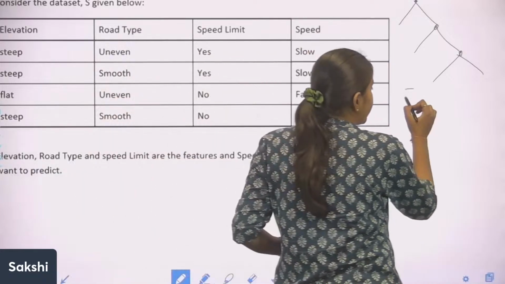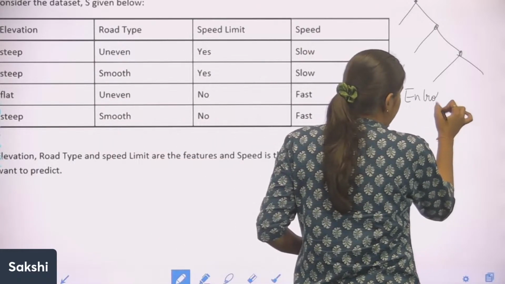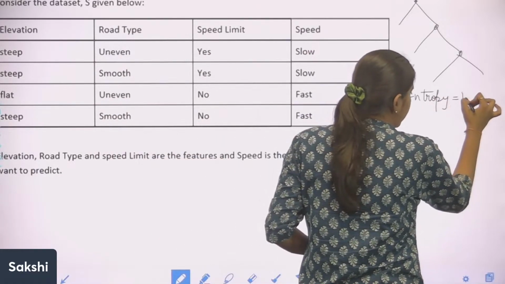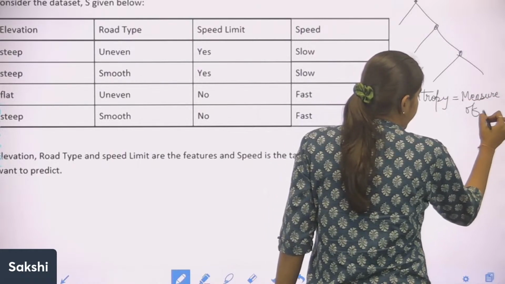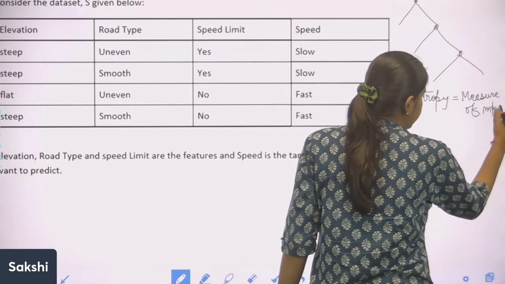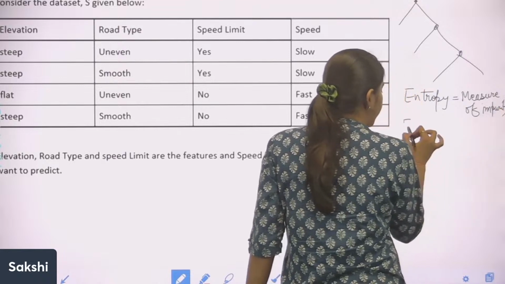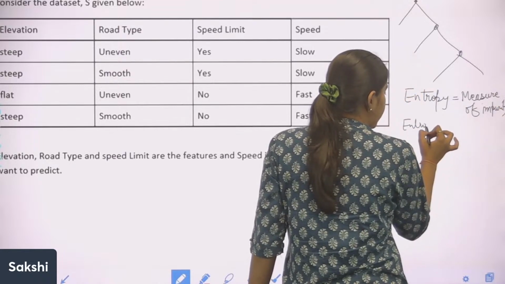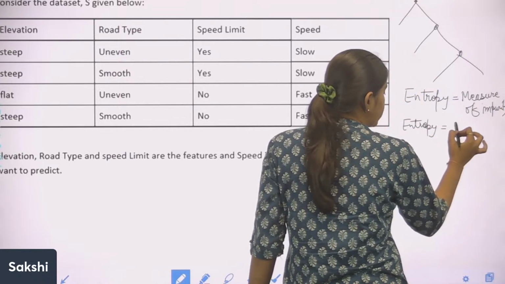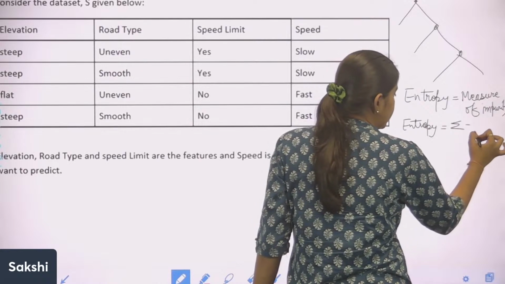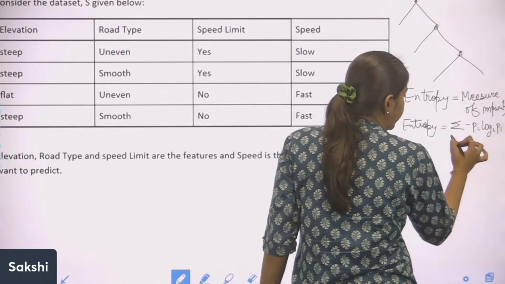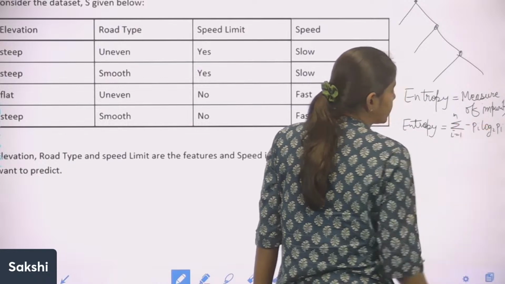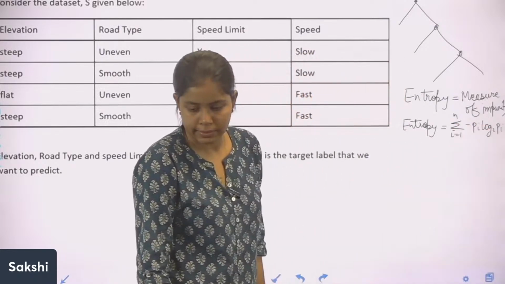So entropy tells you the measure of impurity. And the formula of entropy is equal to minus sum of pi log to the base 2 pi. Pi is the probability of a particular class if we have n classes, right?